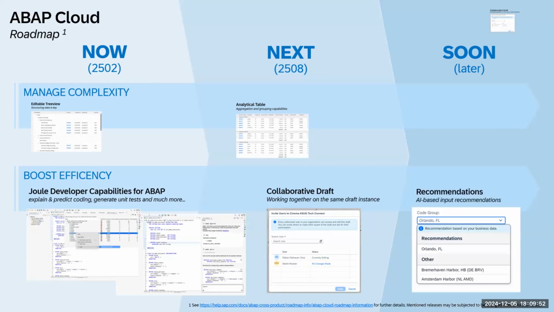And what will come up soon is also an AI-assisted feature. It's called recommendations. With one of the upcoming releases, you will have the possibility to integrate machine learning algorithms natively in your RESTful application programming model to display recommendation values for your input fields.